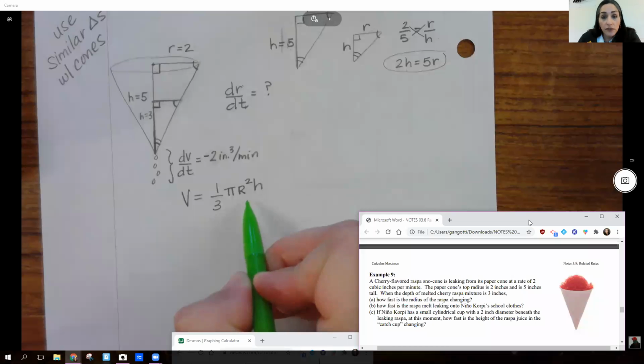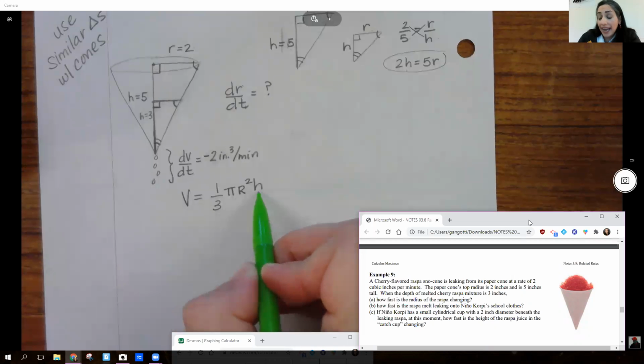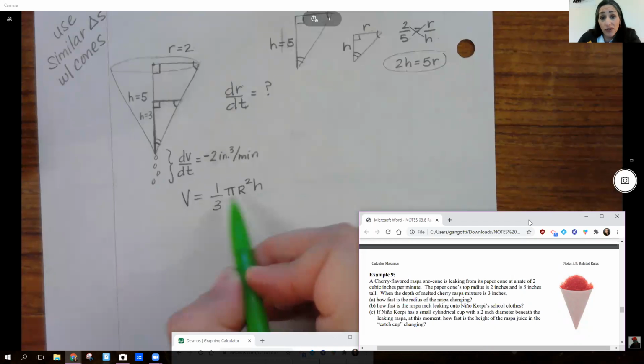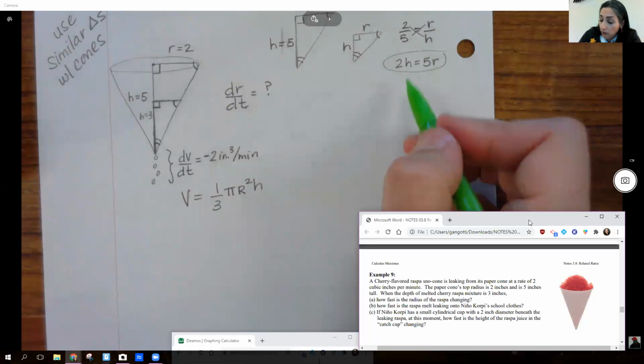If you were to take the derivative of this right now, you would have to use product rule, which is fine, we can do that. But look what would happen. You'd end up with a dr dt, and you'd end up with a dh dt eventually, right? Because if we take the derivative with product rule, sooner or later you're going to have a dr dt and a dh dt in this. I don't know what dh dt is. They didn't give that to us.